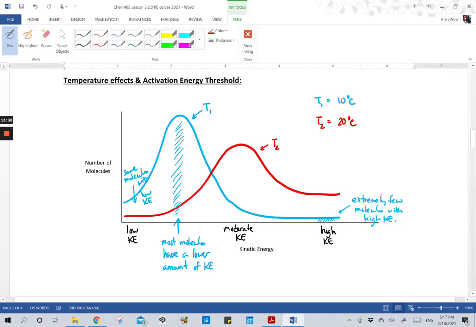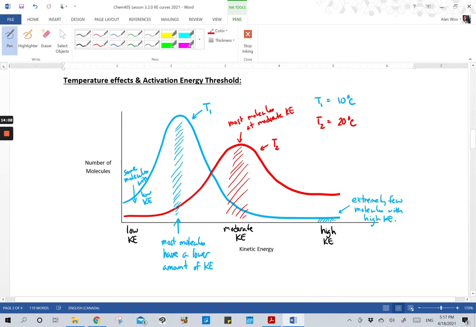So under this part here, we have, again, more molecules that have moderate KE. So most molecules at moderate KE, that might translate into 20 degrees Celsius because that seems to be the average.